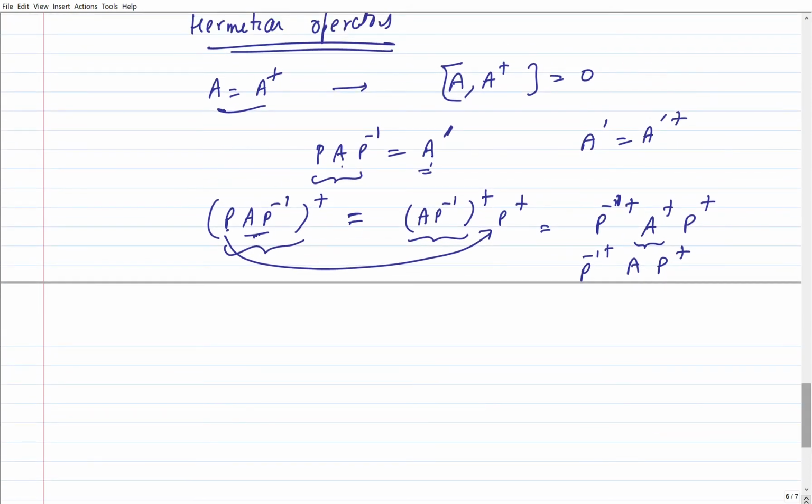So that is the change of basis I have for the Hermitian matrix, and essentially what do I get from this sort of a change of basis?